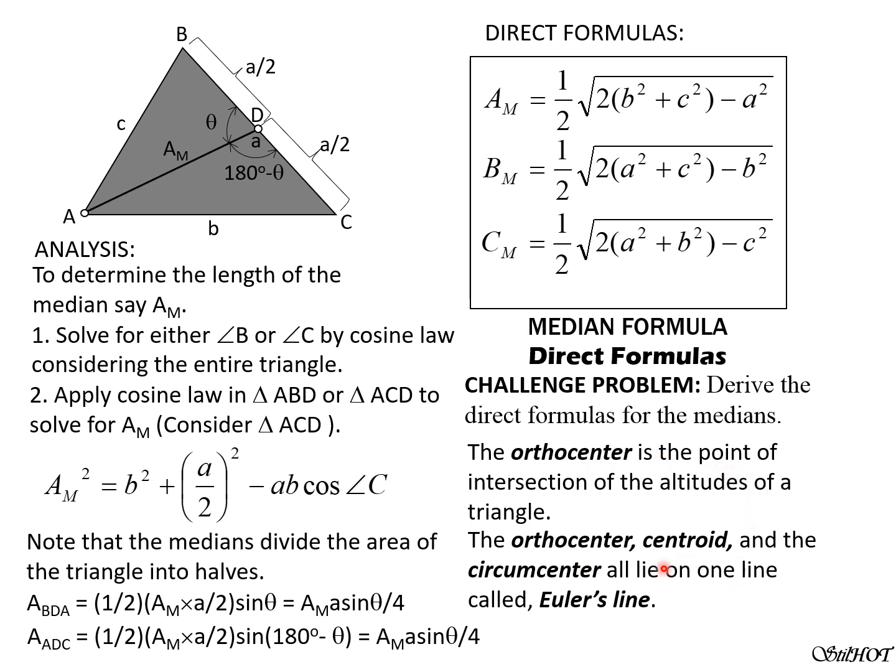The orthocenter, centroid, and the circumcenter all lie on a straight line, and that line is called Euler's line. We can only verify this by drawing a triangle correctly, drawing the altitudes, drawing the medians accurately, and the center of the circumscribing circle. All these points lie on a straight line.